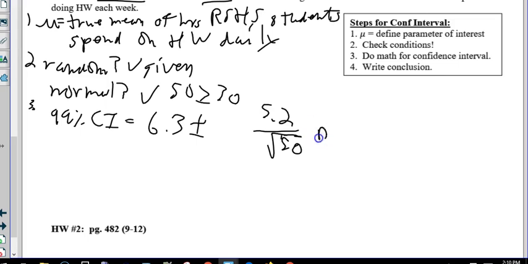Okay, so we look at our chart. Now, degrees of freedom is n minus 1. So that's 49. But remember, if you look at your chart, there is no 49 on there. So we go back, we write it down to 40. That's what we look on. So we look on our chart, 99% confidence interval, go up until we hit the intersection of 40, and we'll get the decimal 2.704.